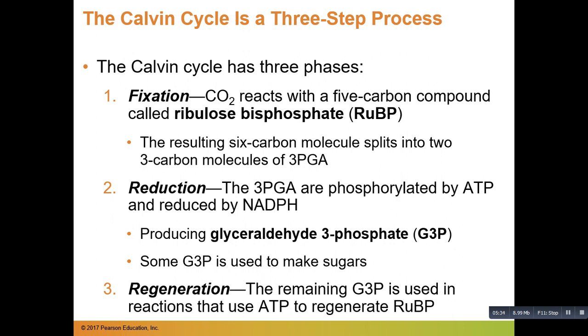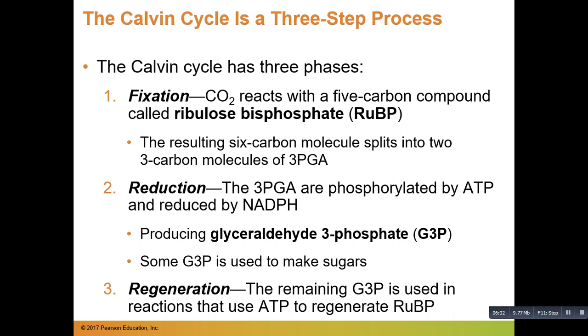Now, after the 3-PGA are used, we're then going to have reduction for the next phase. Basically, once we have these 3-PGAs, we can then phosphorylate them by using ATP, and we can reduce the 3-PGA with NADPH.